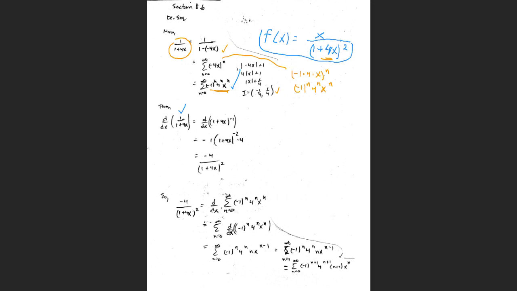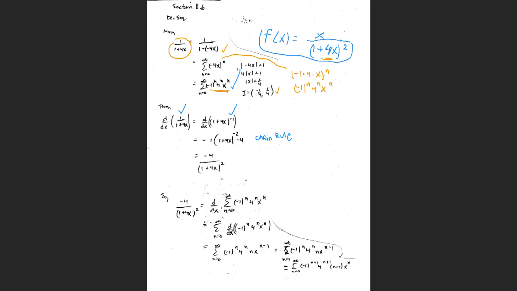I always prefer to use the power rule as opposed to the quotient rule, although sometimes we need to use the quotient rule. And naturally, we're using the chain rule here to get the derivative. Now that I have the derivative, I'm going to write that as negative 4 over the quantity 1 plus 4x squared.